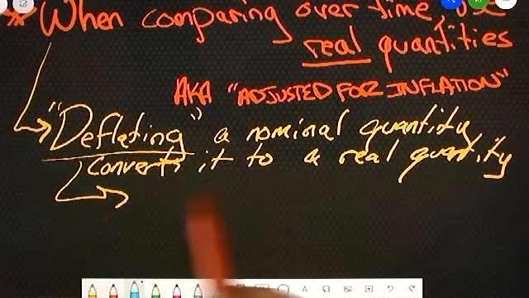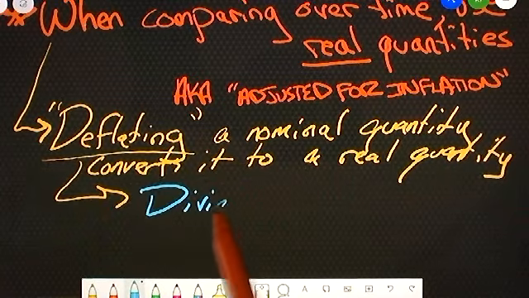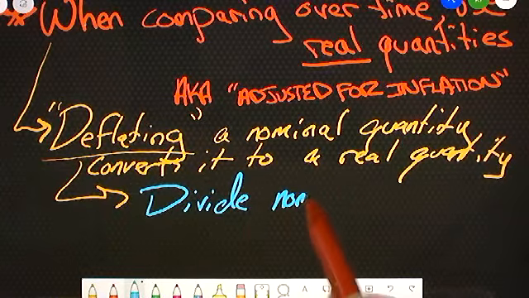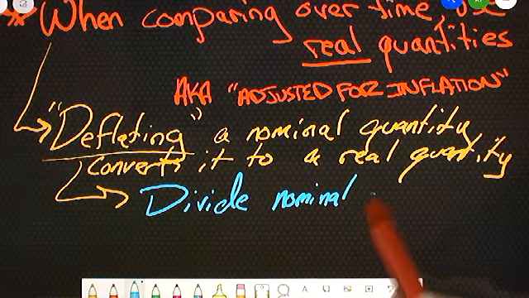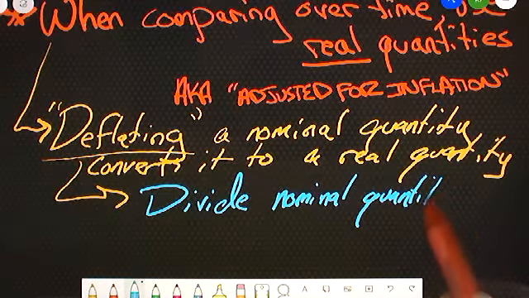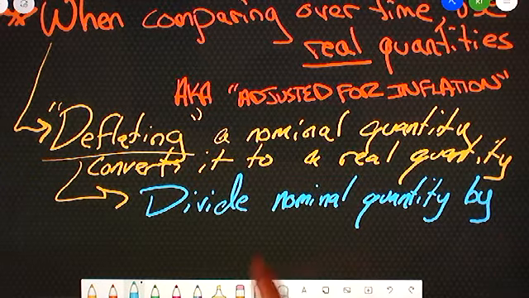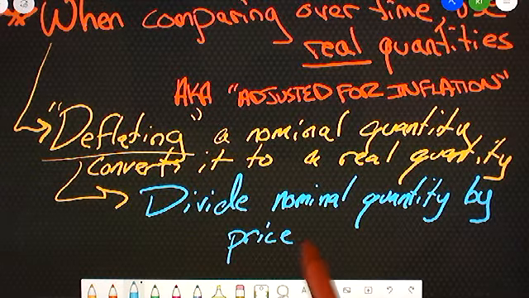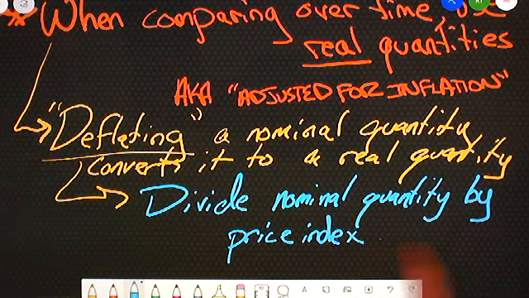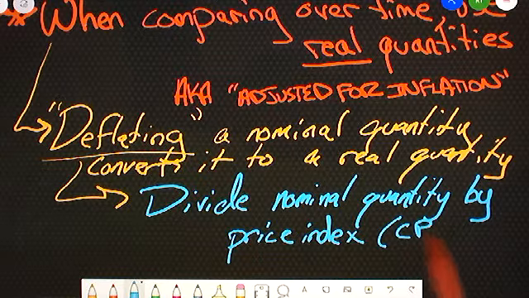We're going to divide that nominal quantity by the price index. Most of the time, for us, it's going to be the CPI.